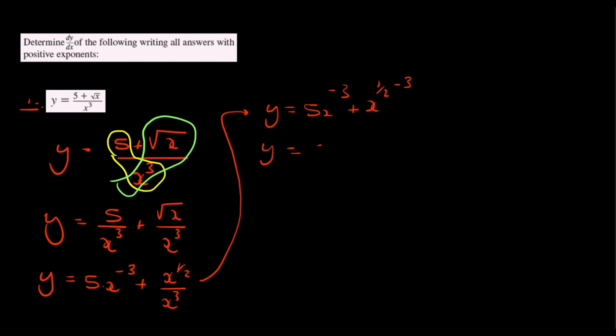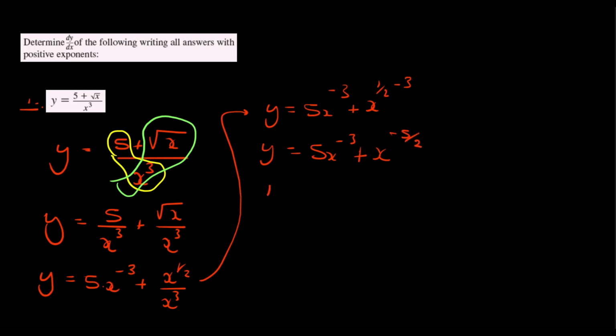We have y is equals to 5x to the minus 3 plus the base of x to the power of 0.5 minus 3, which gives negative 5 over 2.